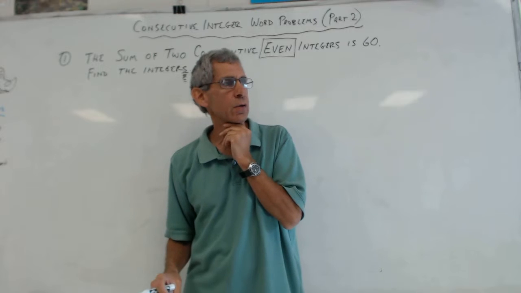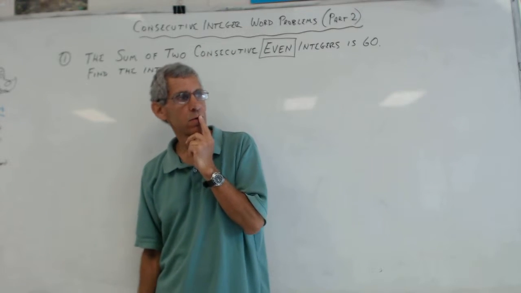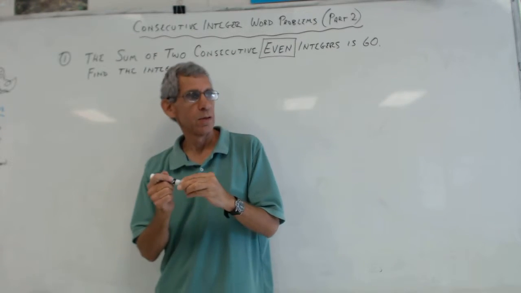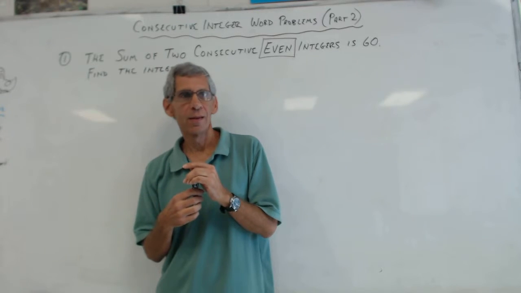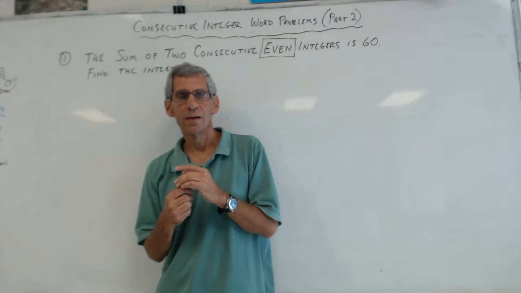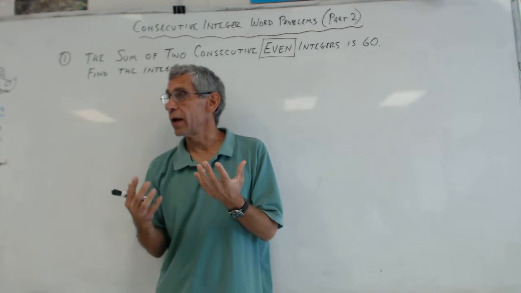Now remind me again, what is an integer? Isa: It is negative numbers, 0, and positive numbers. Okay, and they're whole numbers, right? Yeah. They're whole numbers.